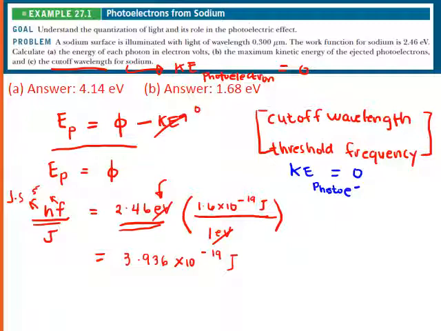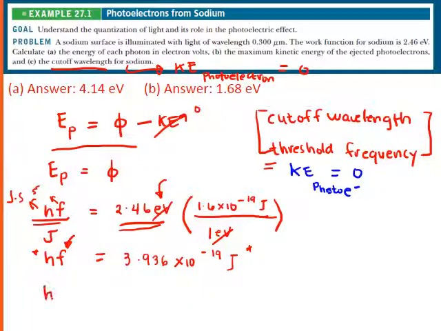And this is equal to hf. If the question was asking for the threshold frequency instead of the cutoff wavelength, we could just divide this side by h and get the threshold frequency. But since it's asking for the cutoff wavelength, we need to express this threshold frequency in terms of cutoff wavelength.